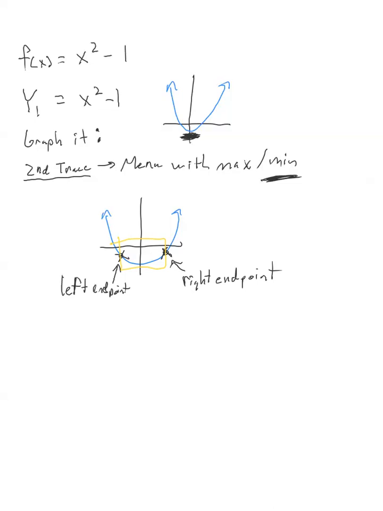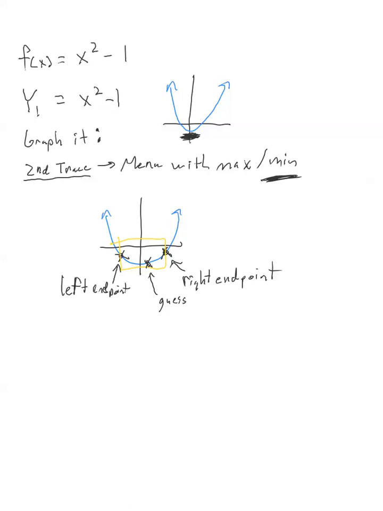Then it is going to ask for a guess, and it is going to start you over at your right endpoint. You move over and guess just anywhere fairly close to your actual minimum value, and then you hit enter, and it is going to work with your guess and look around it to figure out where your minimum value actually is. It's going to do its fancy calculator stuff and figure out approximately what that critical point is.